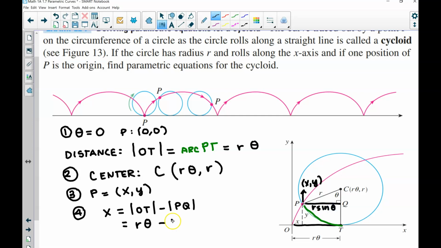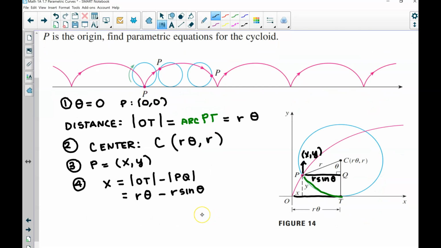So now you're going to subtract R times the sine of theta. And so X represents, if we factor out the R, R times theta minus the sine of theta.